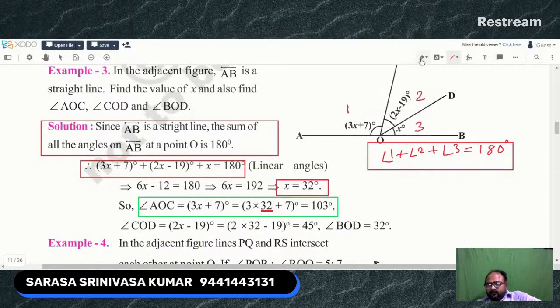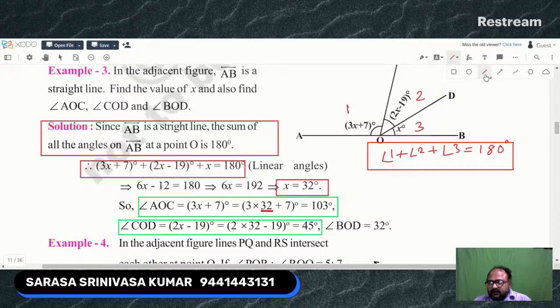Now, what is angle 2? Angle 2 is 2x minus 19 degrees. So, in this, you substitute x equal to 32 degrees.